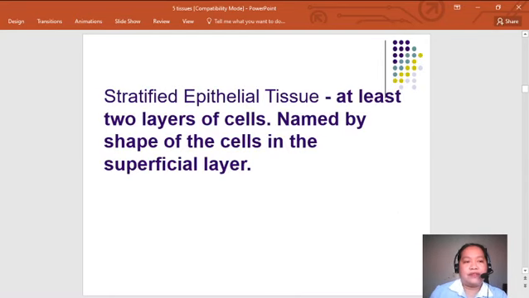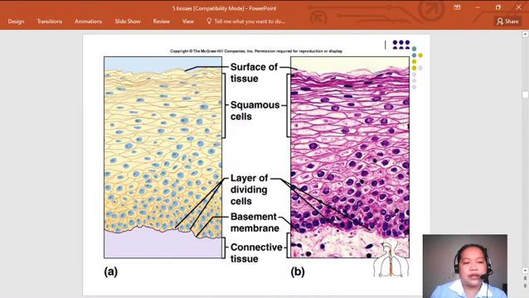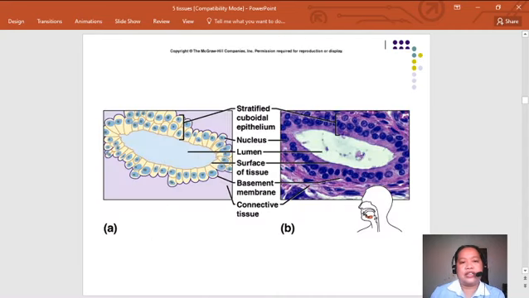So we have also, so these are stratified. One good example of stratified cuboidal is found in the glands, like the submaxillary gland in our mouth, which consists of layers of cuboidal cells, cuboidal epithelium.